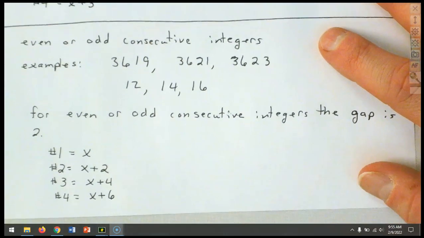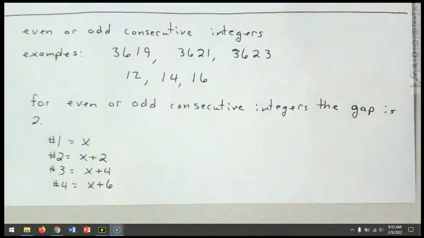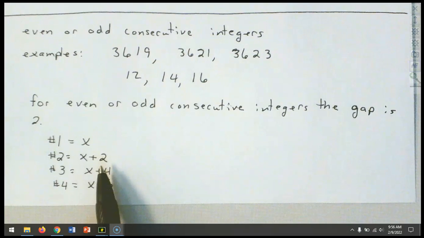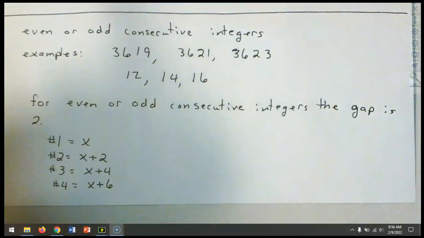Okay. So when we read these questions, we identify first, is it a plain consecutive integer question, or is it even or odd? If it's even or odd, we add 2 every time. If it's just plain consecutive integers, what do we add? We add 1 every time.